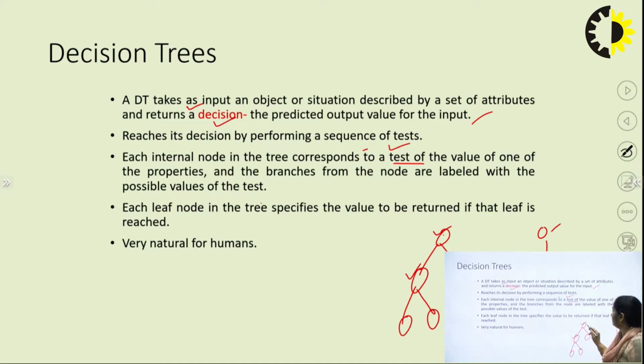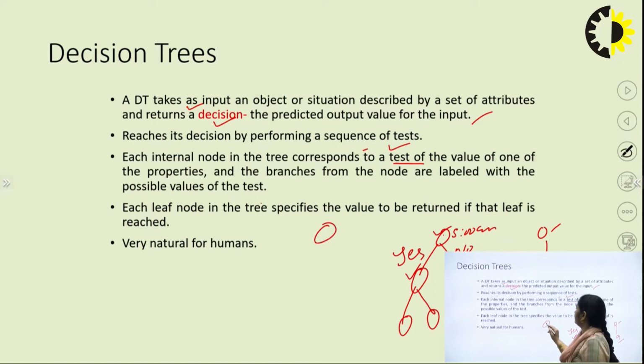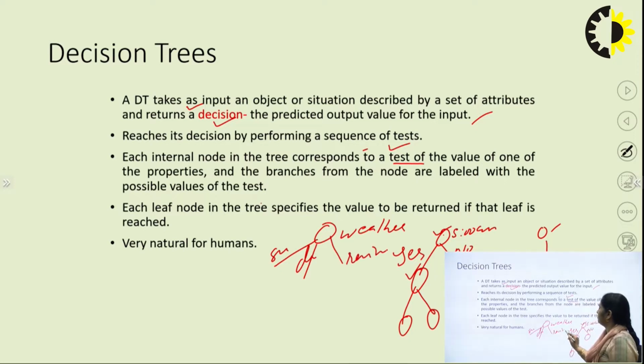Let me say I have a test: is it 5 a.m.? What are the possibilities? Yes or no. So there are two possibilities, so there will be two branches. If I have, let me say, weather, and weather can be sunny, cloudy or rainy, how many possibilities are there?